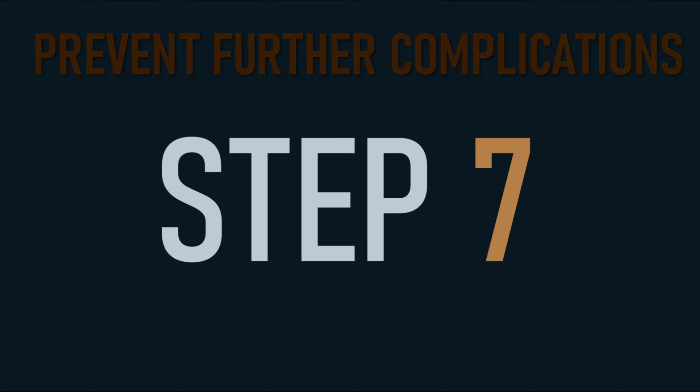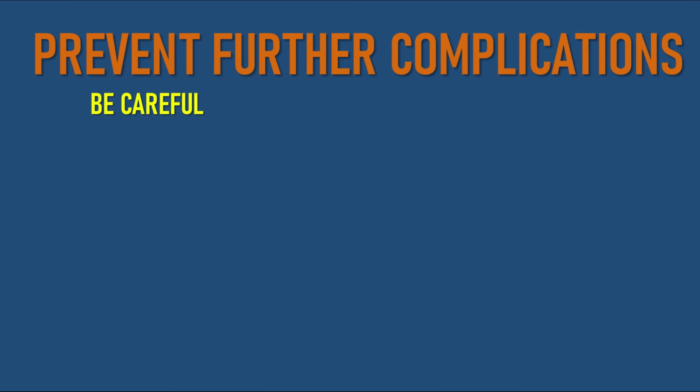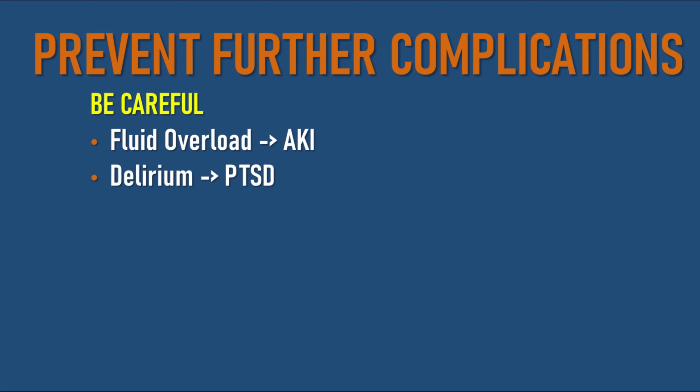Step 7. Once we've got our patient reasonably stable on pressors with antibiotics, it's really important to consider all the other potential complications that patients may have. So you need to be careful of fluid overload and acute kidney injury. Fluid overload itself can cause acute kidney injury. Acute kidney injury in sepsis is multifactorial. The patient may develop delirium and then subsequently develop post-traumatic stress disorder.